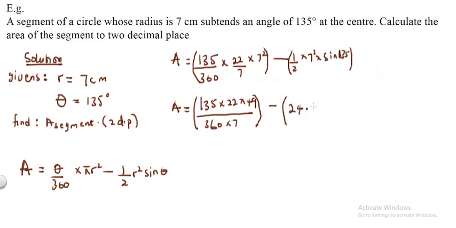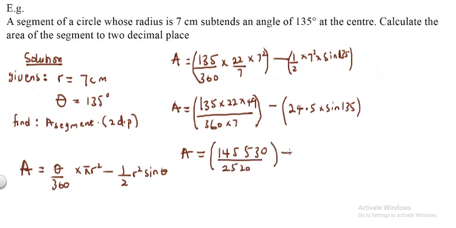24.5 times sine 135. I multiply all the numerators here. 135 times 22 times 49 is equal to 145,530 divided by 2,520 minus 24.5 times sine 135 is 17.3241.